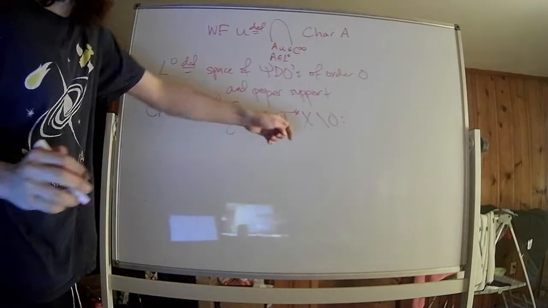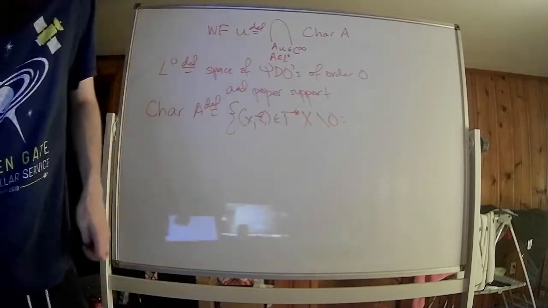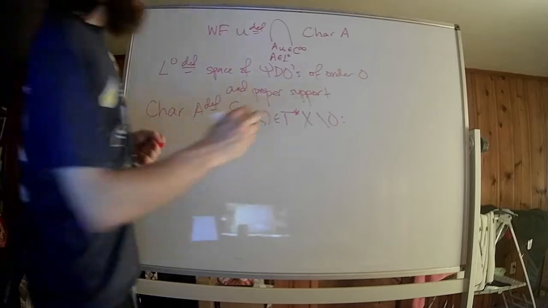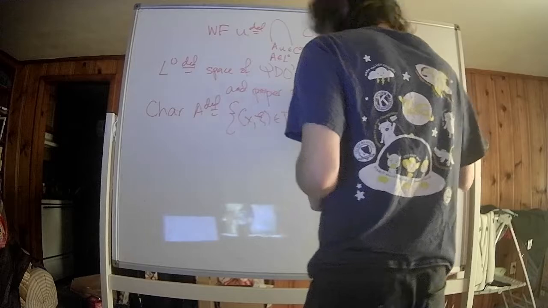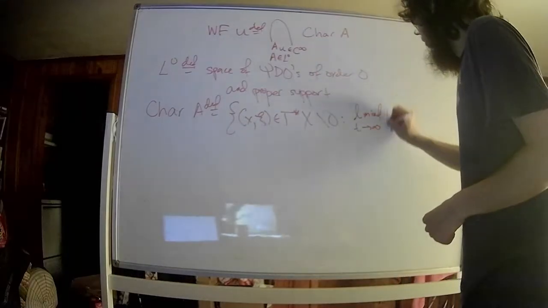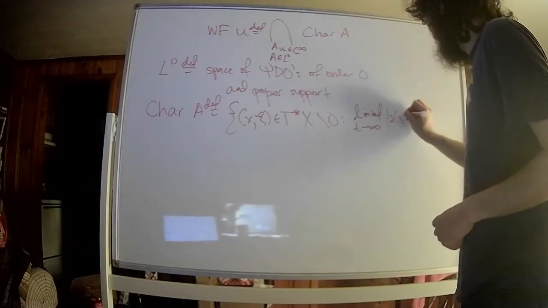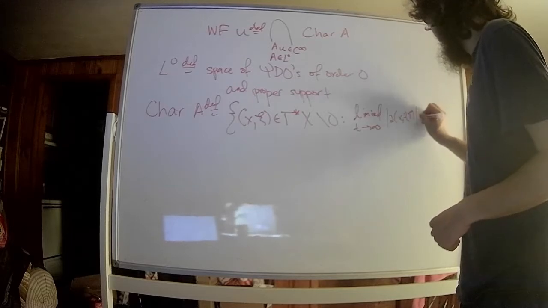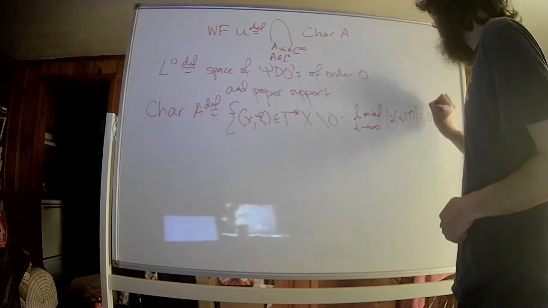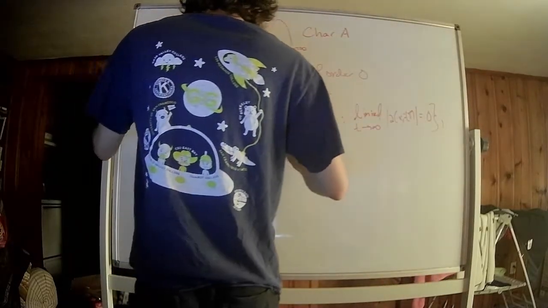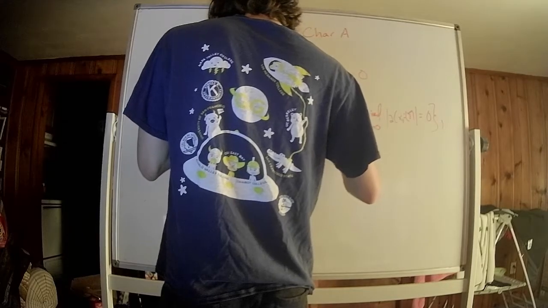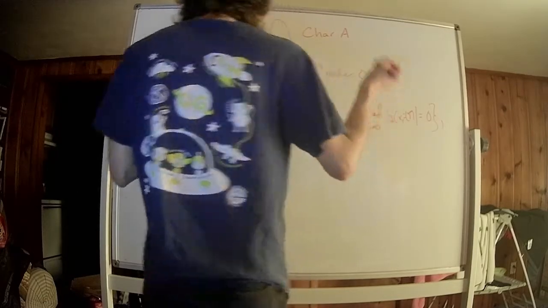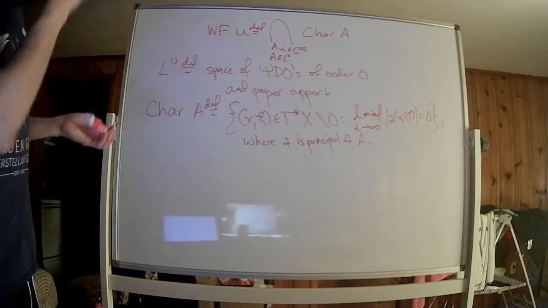So these are all the cotangent spaces with their origins removed, such that the limit as t goes to infinity of a(x, t xi) equals 0, where a is the principal symbol of A. So let's unpack this definition a little.